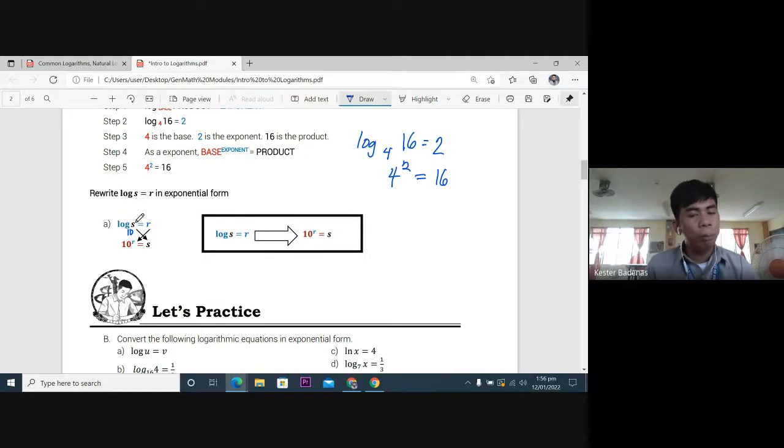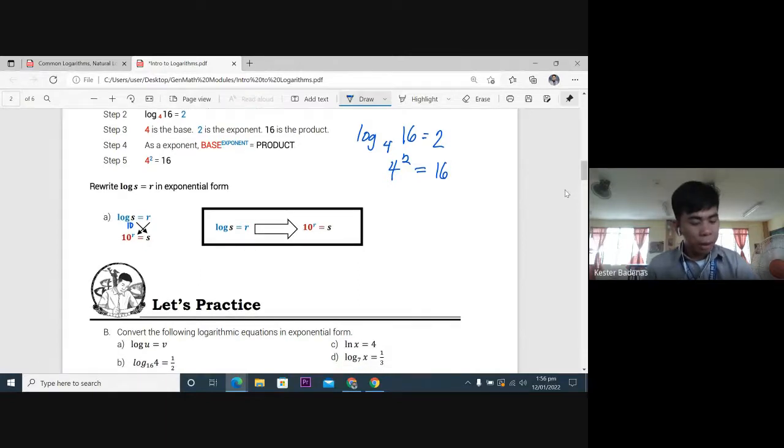Kasi yan yung nilolog. So, ang logarithm of s equals r ay magiging 10 raised to r is equal to s. That is how we write logarithmic equations to its exponential form.